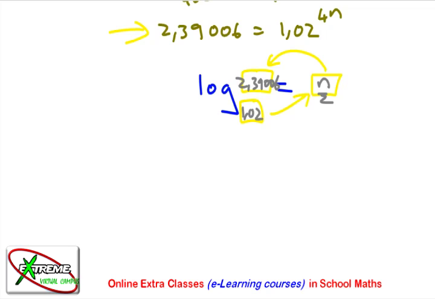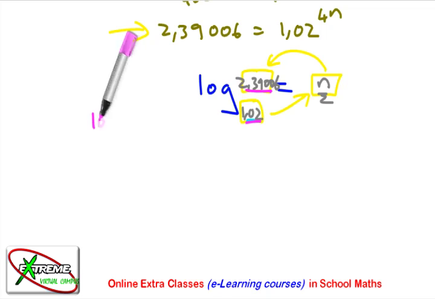Now modern calculators allow you to change the log base number, which is this one. So you should theoretically be able to type in on your calculator the log base 1,02 of 2,39006. If the calculator doesn't allow for that though, because some of the older calculators only work with base 10, then you have to convert the logarithm using the fourth logarithmic law, which essentially says you take each of those two numbers and you make each of them a log.